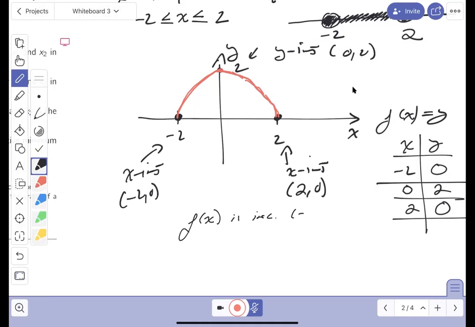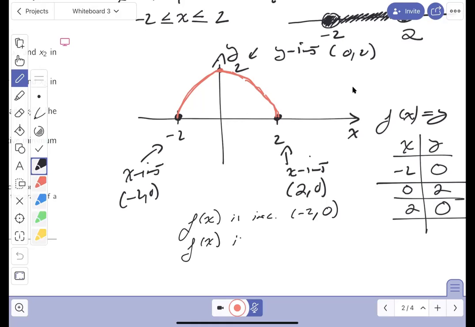Only between -2 and 0. I want to point out what I mean by that. As you're moving left to right, we're moving along the x-axis. The x's are moving to the right, but the y's are going up. It's increasing on the interval, and this is an interval of x's because we're moving left to right from -2 to 0.